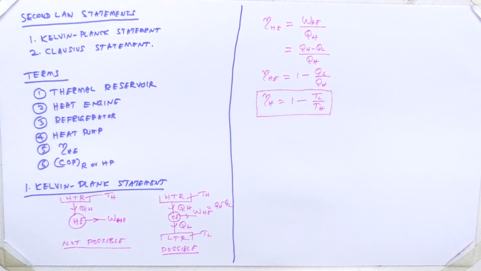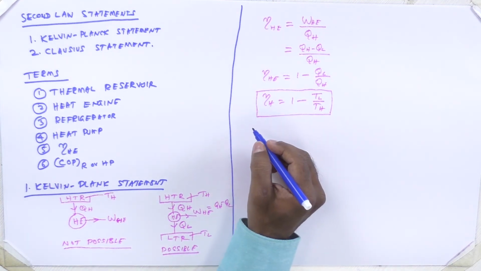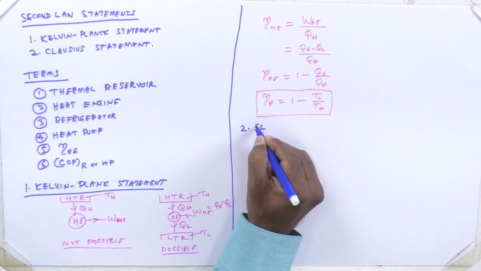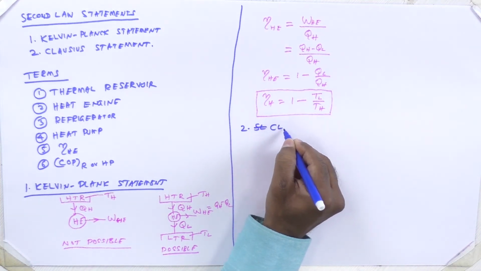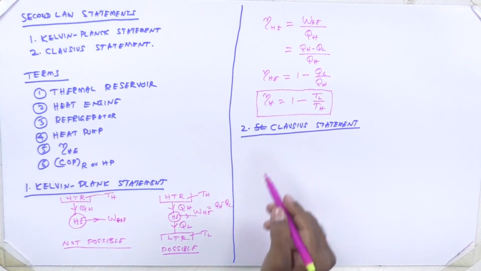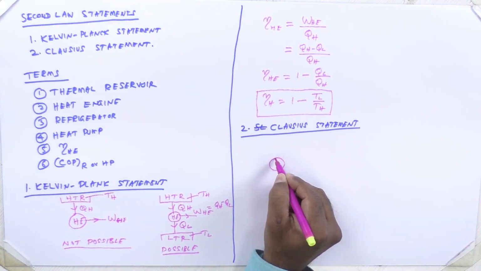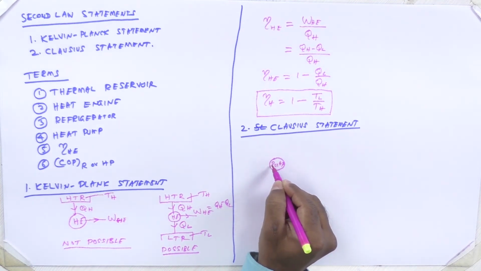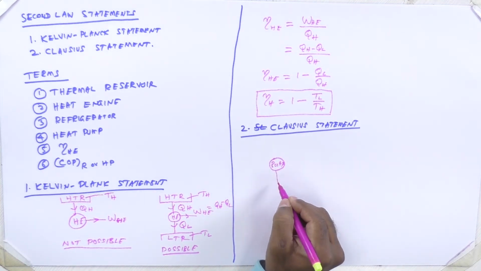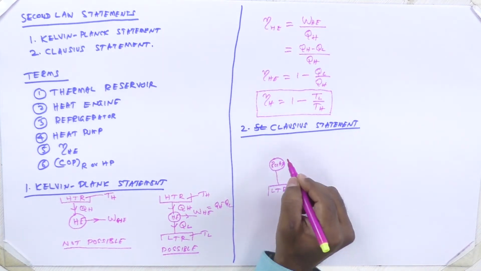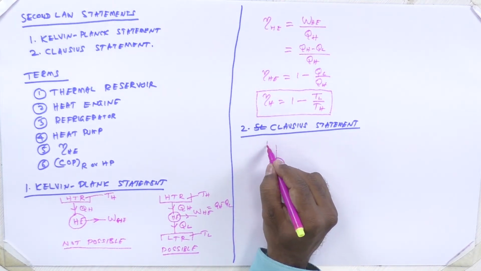Now let us go to the Clausius statement. The Clausius statement can be applied to refrigerator as well as heat pump. So the second statement is the Clausius statement. According to the Clausius statement, it is impossible for a device, which we can take as a refrigerator or heat pump, any device working in a cyclic process, to transfer heat from a lower temperature reservoir to the higher temperature reservoir.